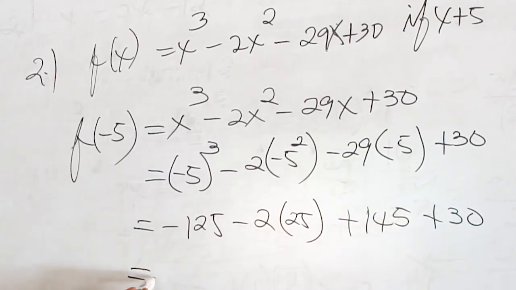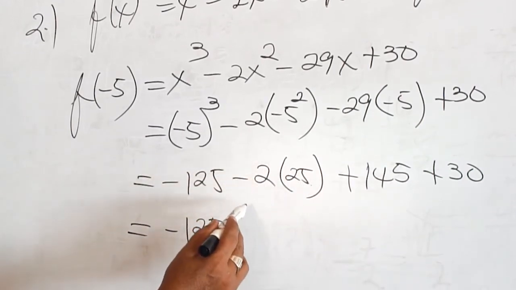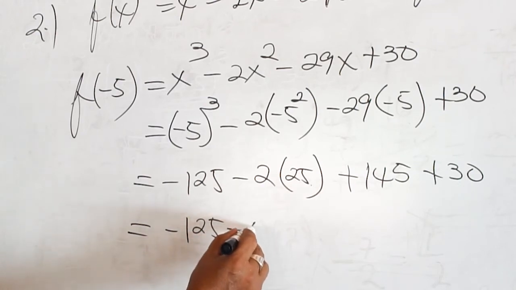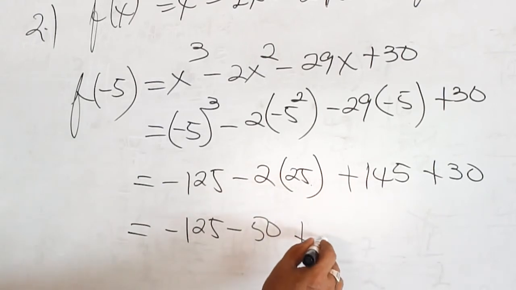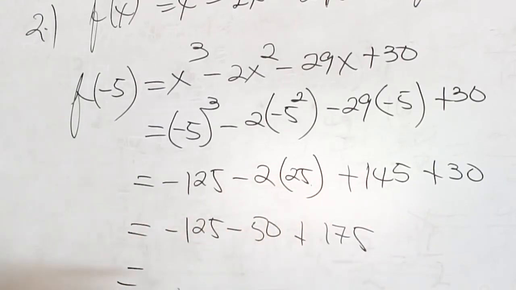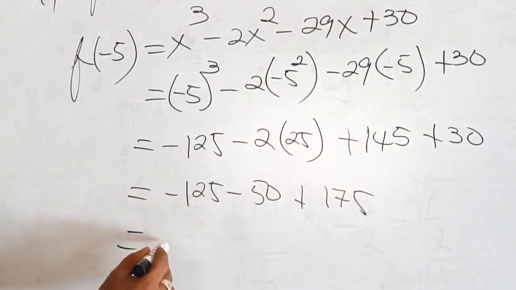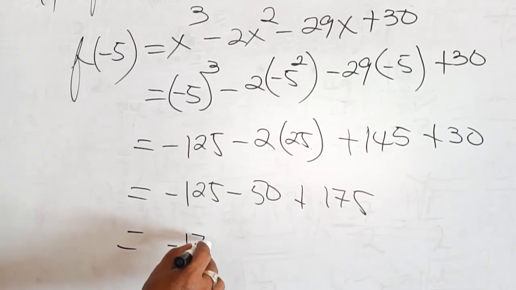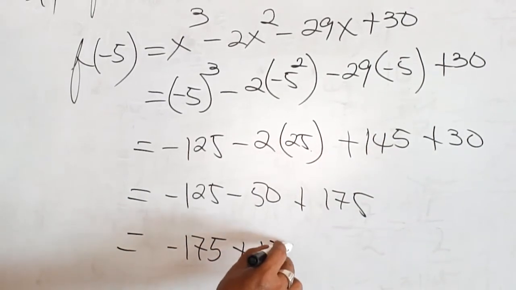Then equals negative 125, positive 25, multiply it by negative 2, so the result is negative 50. Then plus, add, so we have 175. So, negative 125 plus negative 50, the result is negative 175, then positive 175.